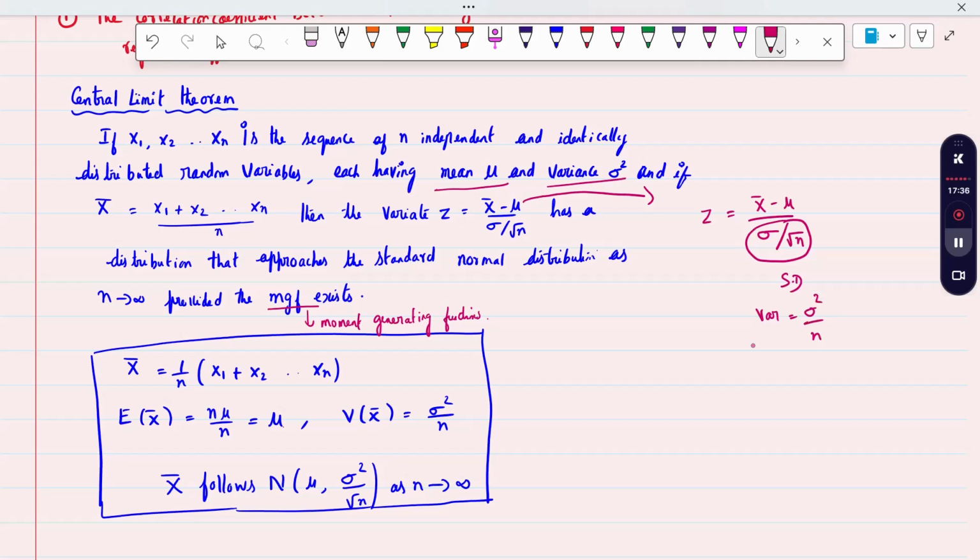X bar follows a normal distribution with mean mu and variance sigma square divided by n, as n tends to infinity.